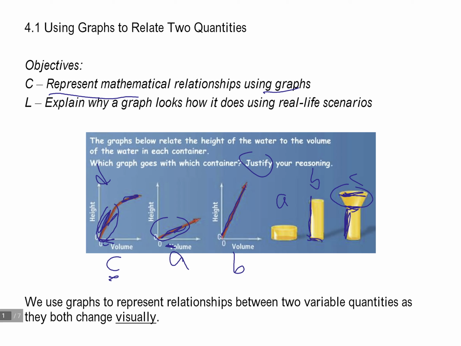We're using graphs to represent relationships between two variable quantities as they both change visually. That's the whole idea behind graphing anyway: what's going on in the situation, let's make a graph so that we can represent that visually. Okay, so that's the idea in this section. So let's go on to the next thing.